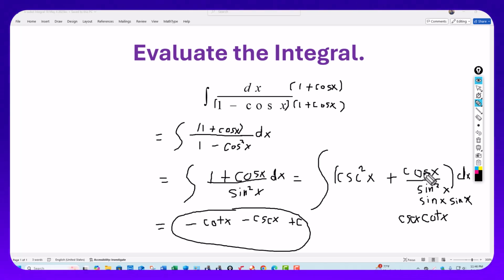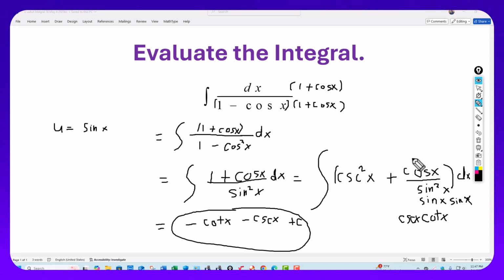Now another way you could have done this, and just for the heck of it, let's go ahead and do it. I could do it with a U substitution. So let's suppose you had this integral by itself. Let U equal sine of x. This is really the end of the video, but I'm just going to add a little extra in case you're interested.